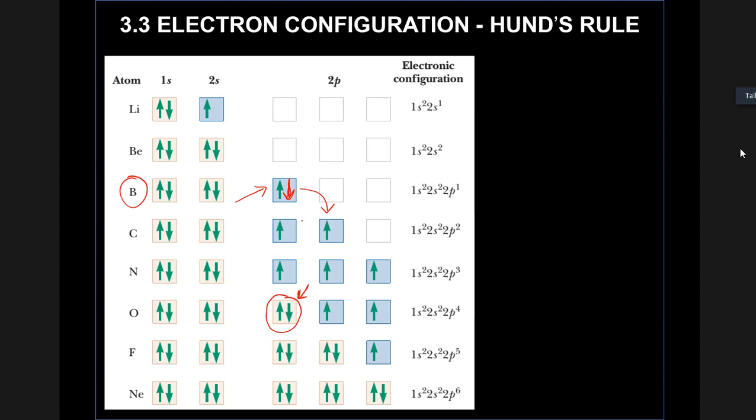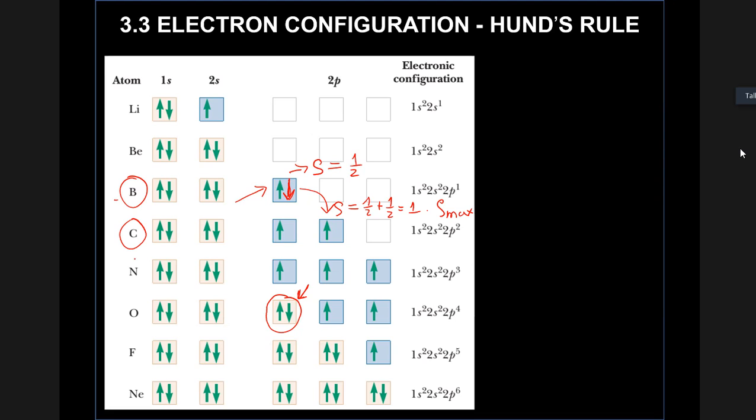From this, you can see, for example, for boron, the quantum number S equal to a half. And for carbon, here you can see that the quantum number S is equal to a half plus a half and equal to 1 here. So in this case, S is maximum.